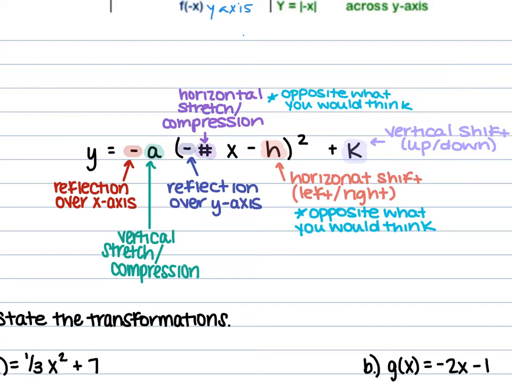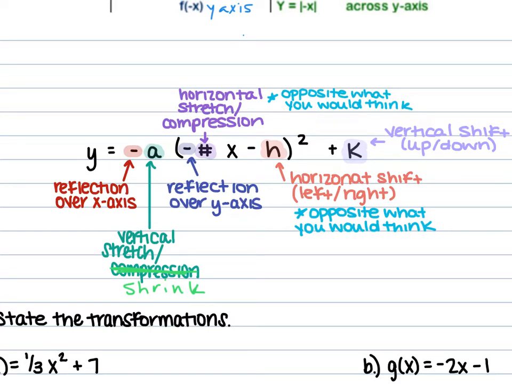Next, if we have a number that's being multiplied, it's a vertical stretch or compression, which compression is the same thing as saying shrink. If our function is being multiplied by a negative that's on the inside of our parentheses, it's a reflection on the y-axis.